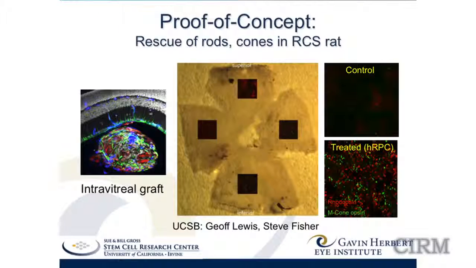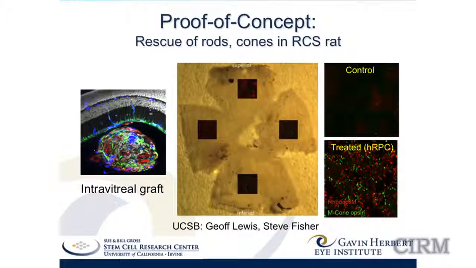And if you look at the cell-treated sample just below it, you see, like stars in the sky, a lot of little green spots and red spots. The red are rod photoreceptors, and the green are the middle wavelength cone photoreceptors. And those have been preserved because of the presence of those cells just hanging there in the vitreous, secreting what they secrete.